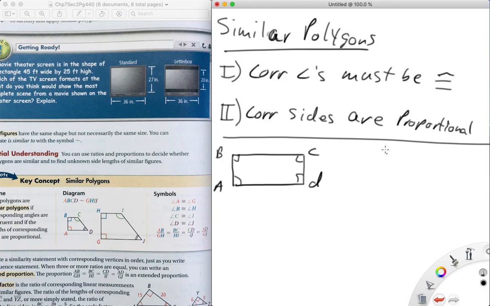G, H, I, J. Another itty bitty rectangle. Also 90 degrees. The corresponding angles are congruent. So we're told that figure ABCD is similar to figure GHIJ.